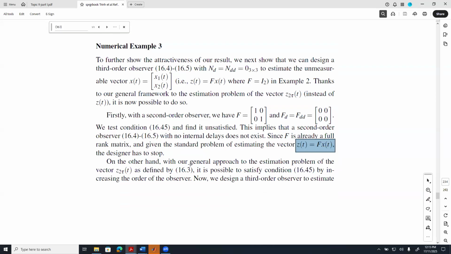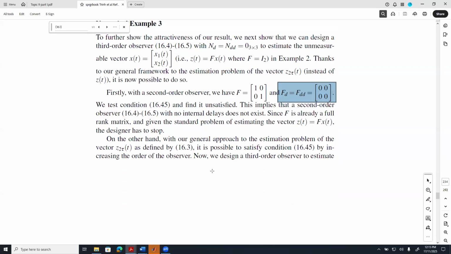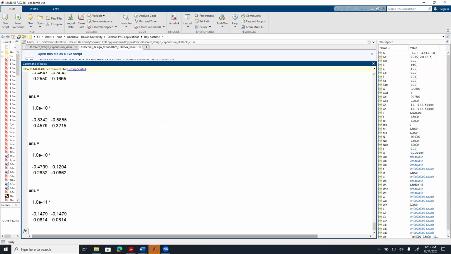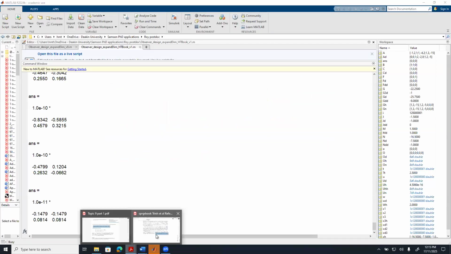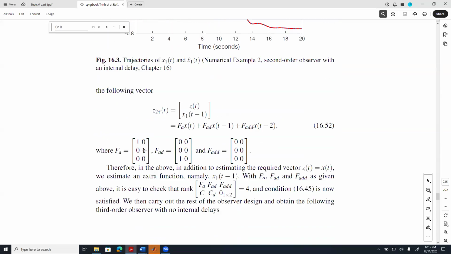Now, in our discussion, because we can cater for a whole heap of generalized functionals, we can actually proceed further. We can say, okay, no problem. Let us design a third order observer. And when we design a third order observer, we then add in an extra functional for it.